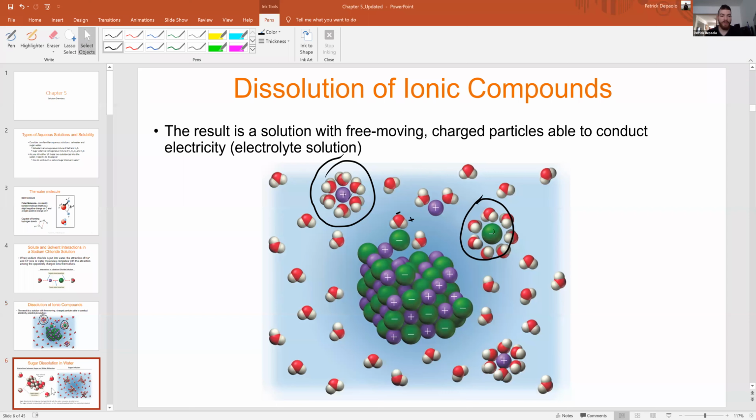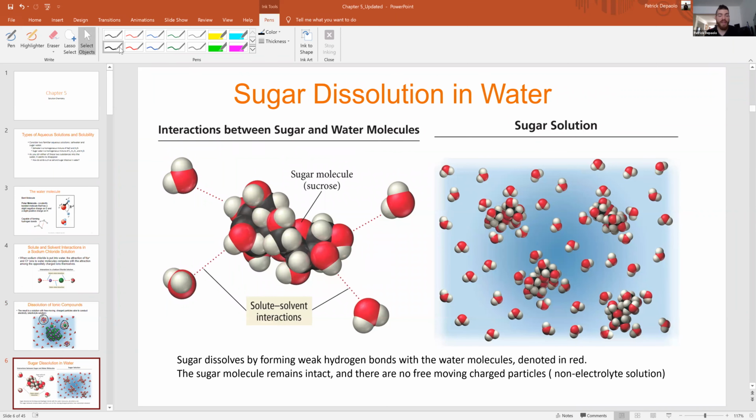Okay. All right. The second case is when you have a non-ionic solution, otherwise known as a non-electrolyte. Now, sugar is a non-electrolyte, even though it dissolves in water. What this means is you dump sugar into water, even a crystal of sugar, which has many billions of molecules in it.